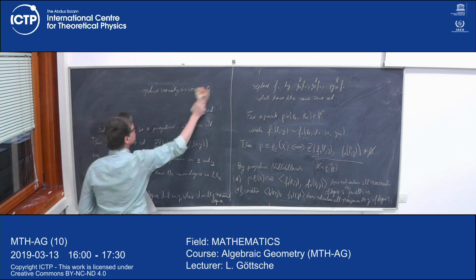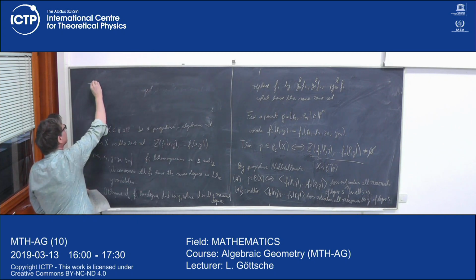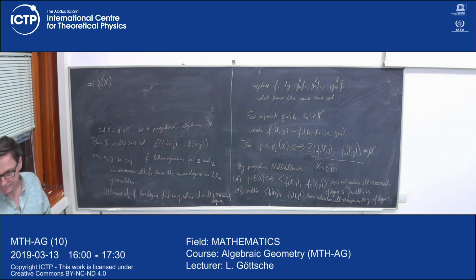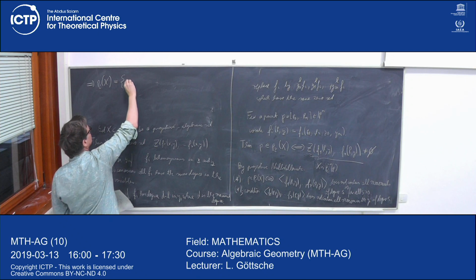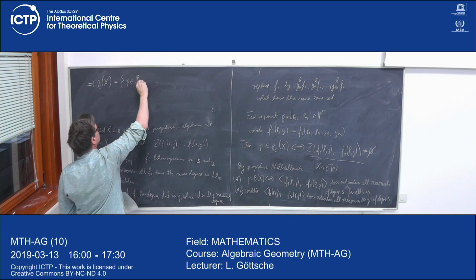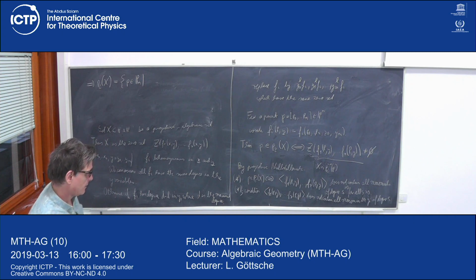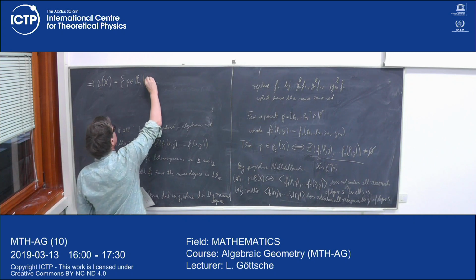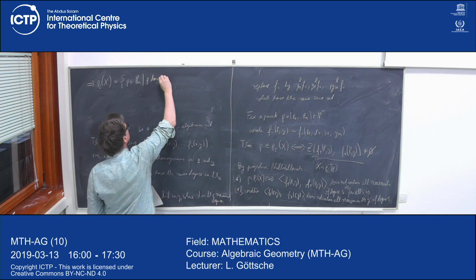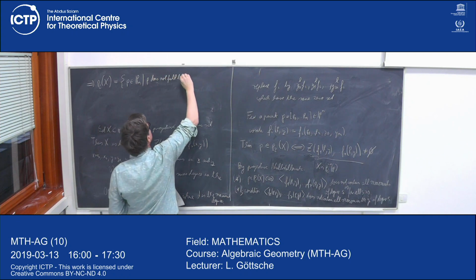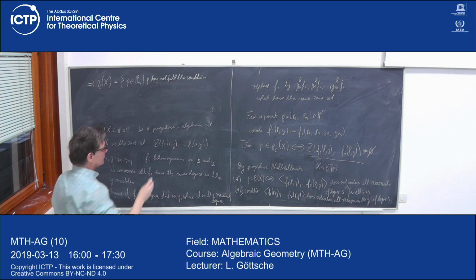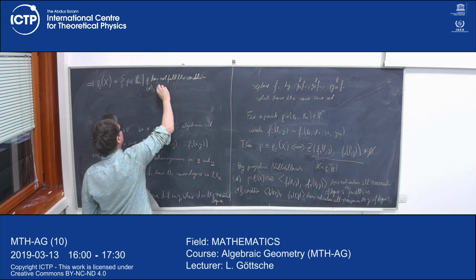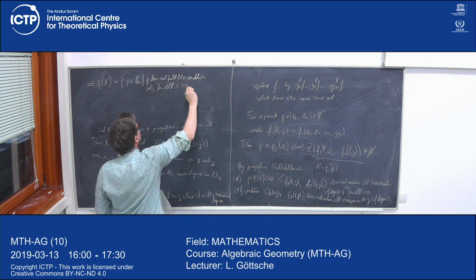And thus we find, if I take the second projection of X, this will be the set of all points P in Pn such that P fulfills the condition star s for all s bigger than 0.